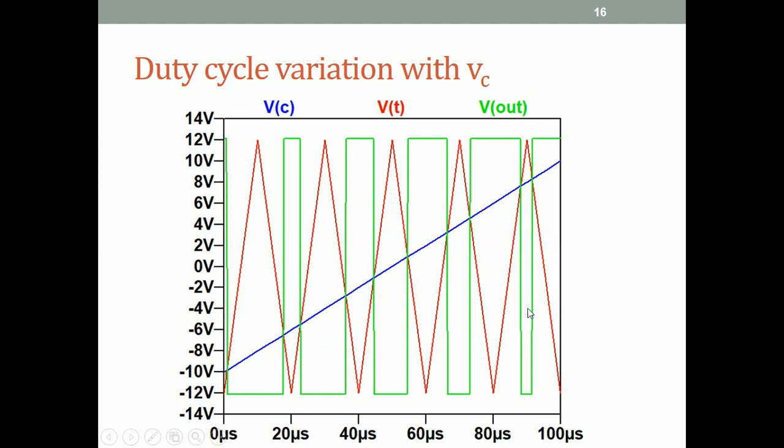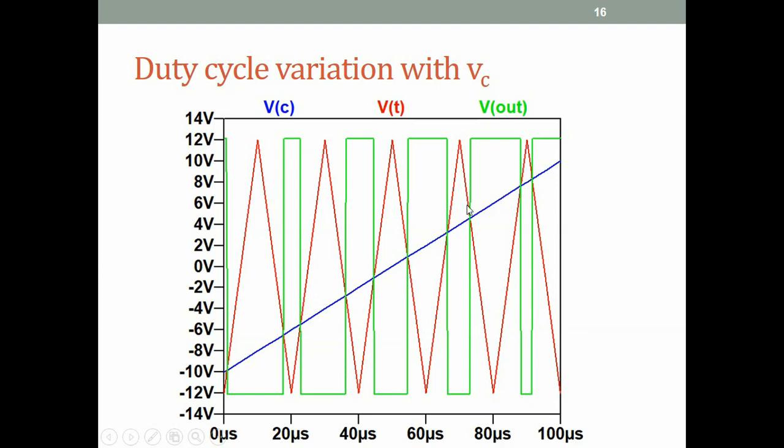All right, now let us look at the duty cycle. When VC is a small voltage, the crossings of the triangle wave going down and coming up are very close to each other, so the output voltage stays high for a short time.